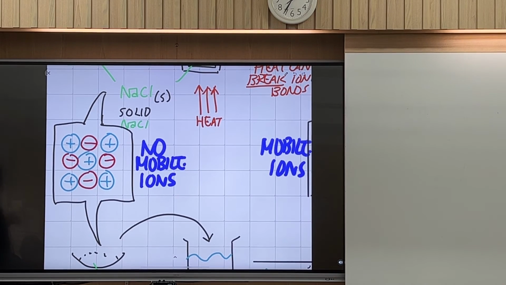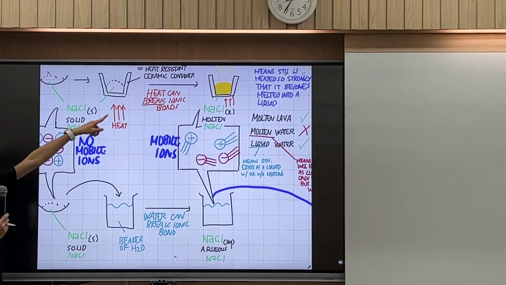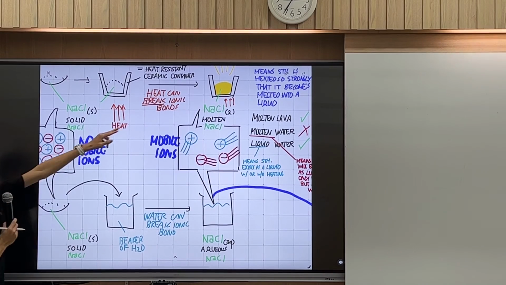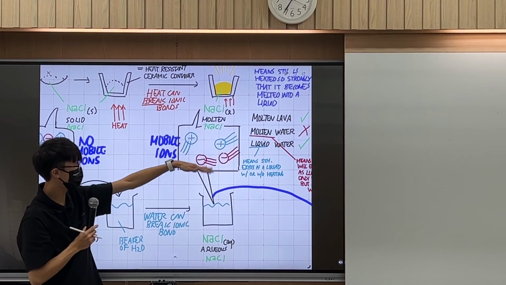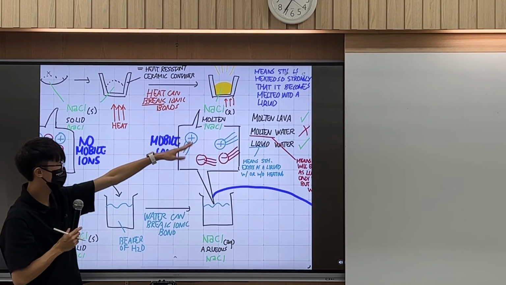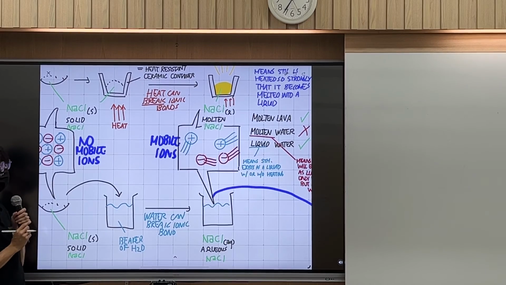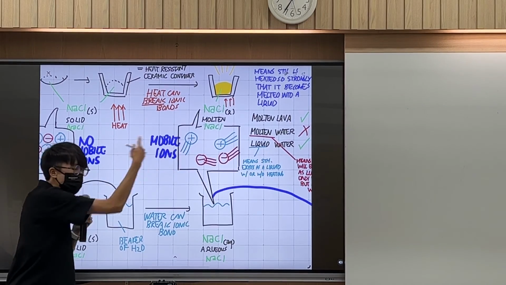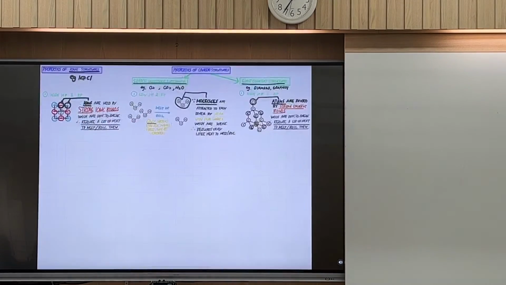What is it? Number one is by melting or heating. So we say heating can break those chains, the chains called ionic bonds, and then you get mobile ions. So you see a bunch of criminals running loose. And then here water can also split or break the ionic bonds. Again, you will then have mobile ions. So therefore, let's go back here and fill out what we just said.